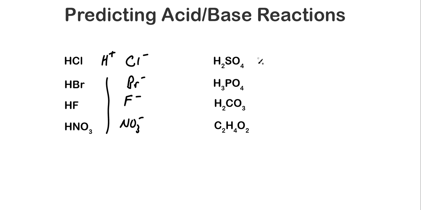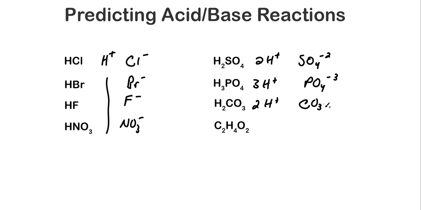So what will happen with sulfuric acid is it will donate 2 hydrogen protons and leave you with a sulfate ion. Phosphoric acid will donate 3 hydrogen ions and leave you with a phosphate ion. Carbonic acid will donate 2 hydrogen ions and leave you with a carbonate ion.